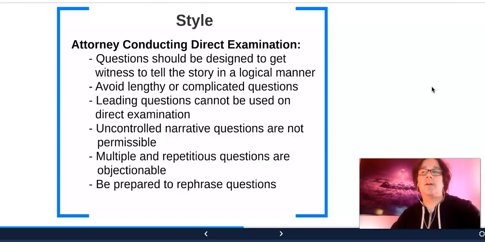Also, if you are leading the witness, that's also objectionable. The other side might say, objection, Your Honor, leading. You would need to rephrase the question in order for it to not be a leading question.